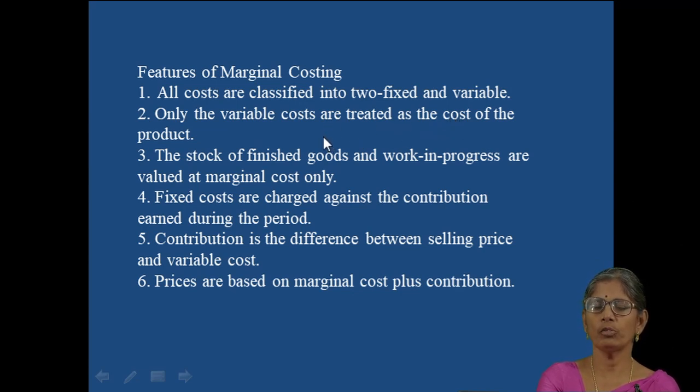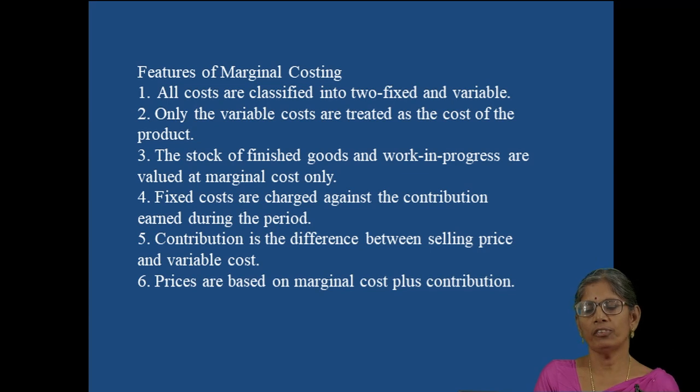Here we have to take into account only the variable costs, and fixed costs are excluded while calculating the cost. That is, the total cost includes both variable cost and fixed cost, but for marginal cost calculation purposes, only variable cost is treated as the cost of the product.